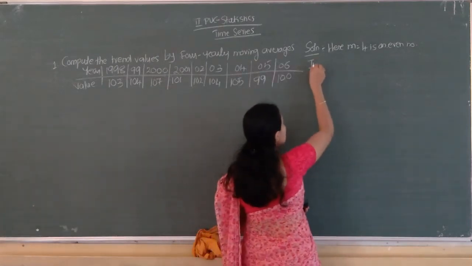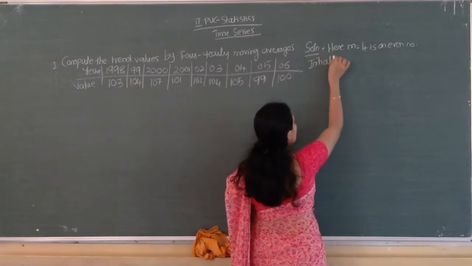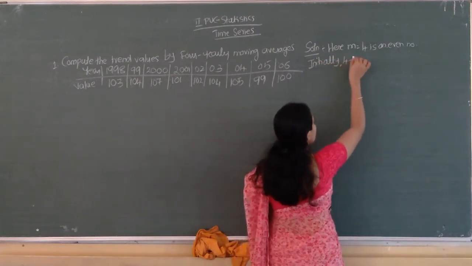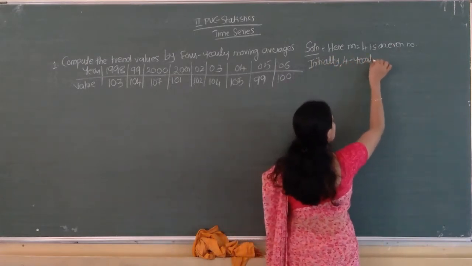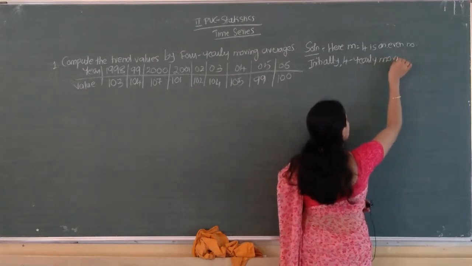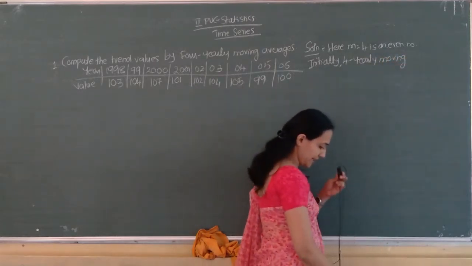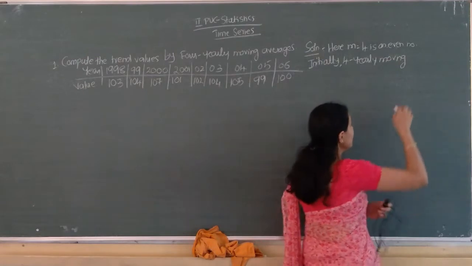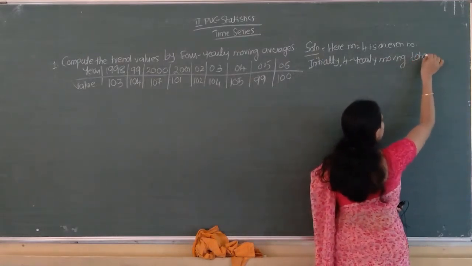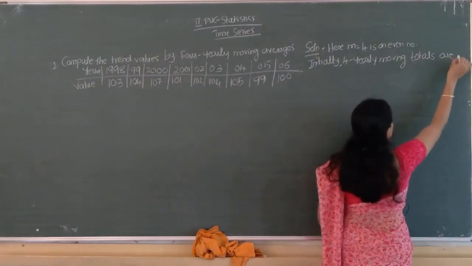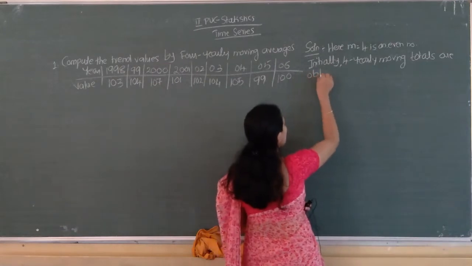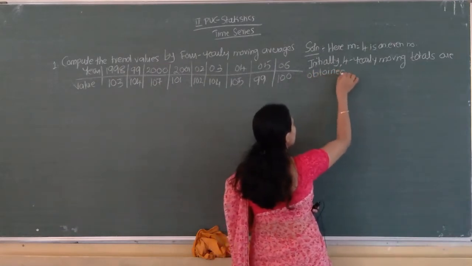Initially, 4 yearly moving totals are obtained.